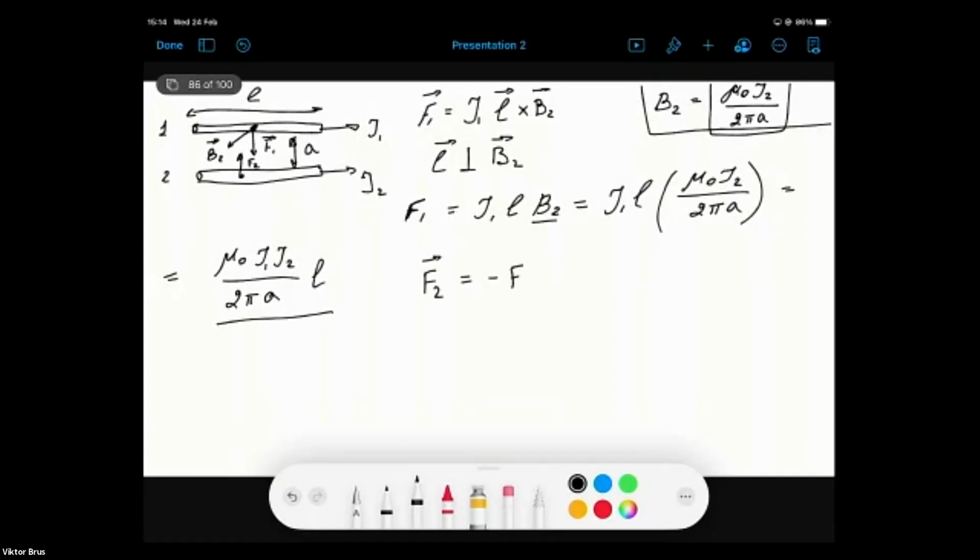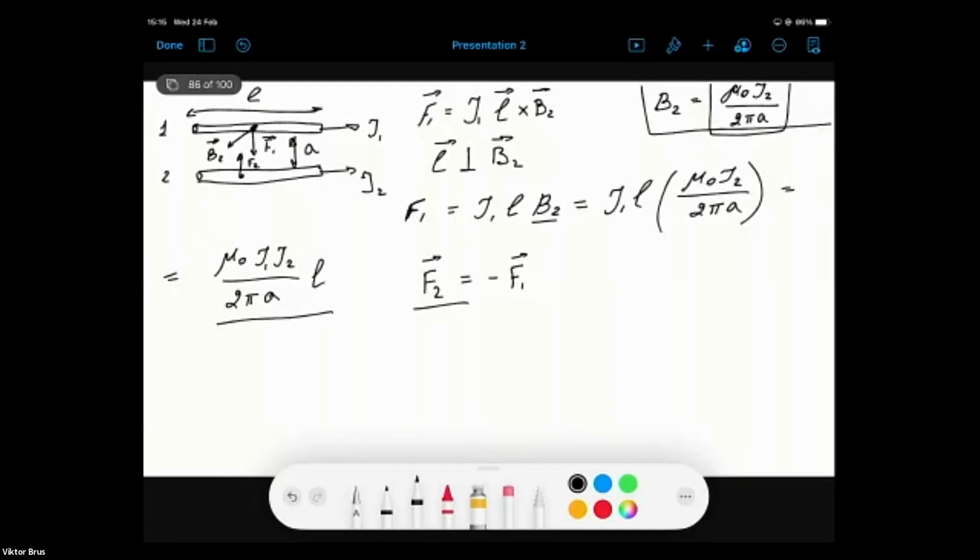So it will be equal to minus F1 vector. So this will be F2, the force exerted on wire number 2 because of the magnetic field created by current flowing through wire 1.